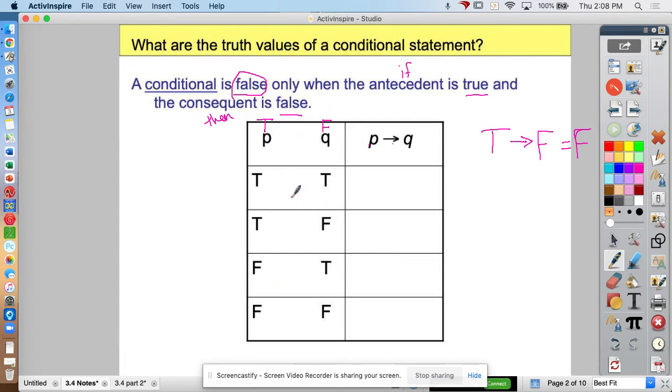So as I go down, I'm looking for a TF, and here's where I find it, which means the outcome is going to be false. I go back and I look again, and I don't have it anywhere else, so everything else is going to be true. Okay? All right, so remember, it's very important that true is before the arrow, false is after the arrow.